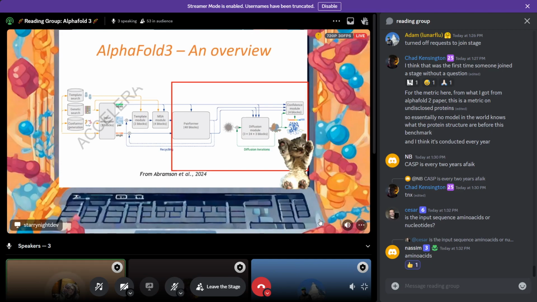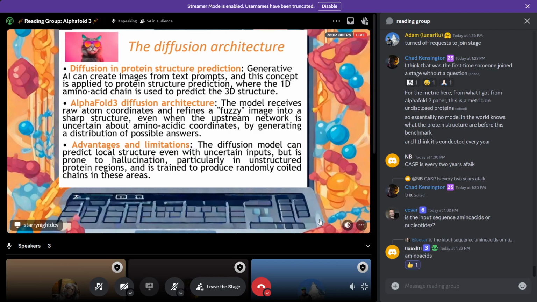Let's see what this stable diffusion, or this diffusion architecture, actually is. The diffusion architecture here is not the basic text to image diffusion architecture.